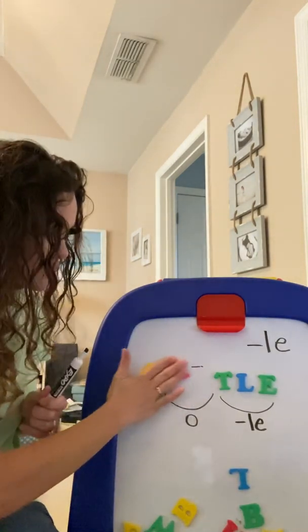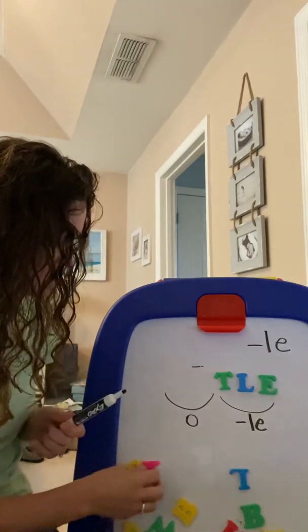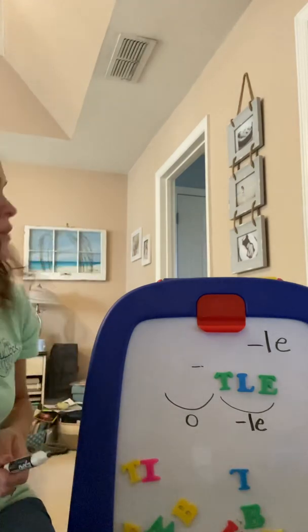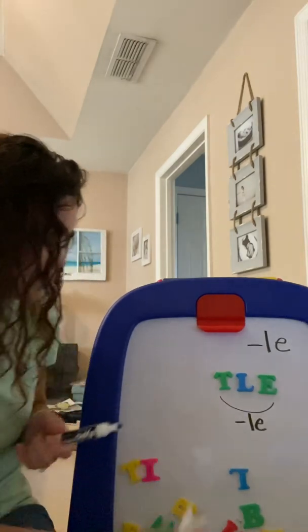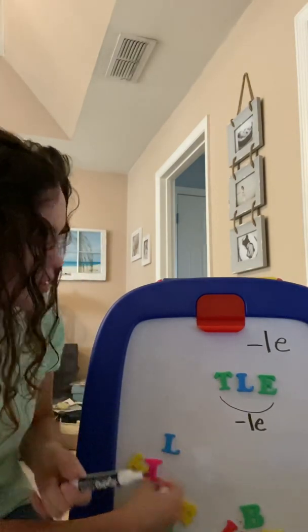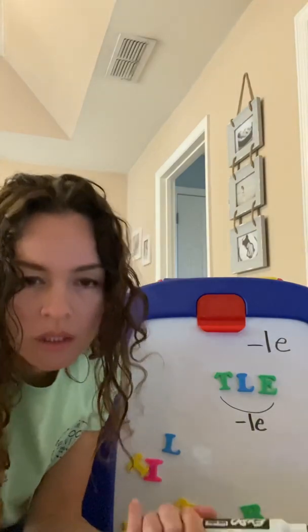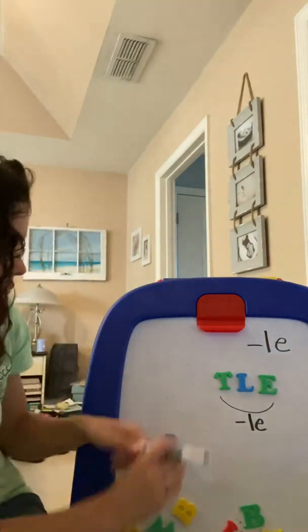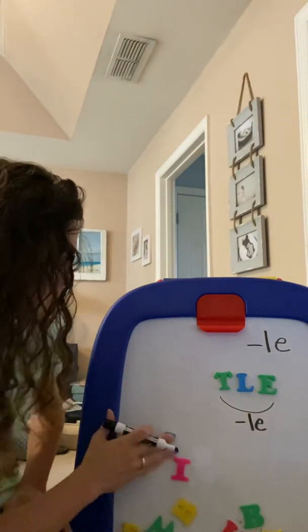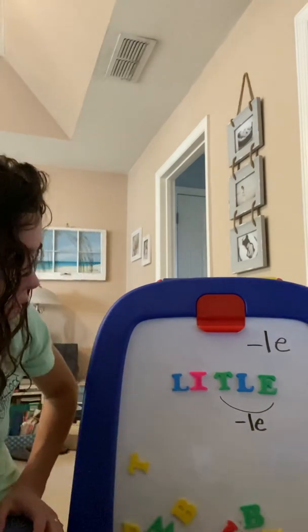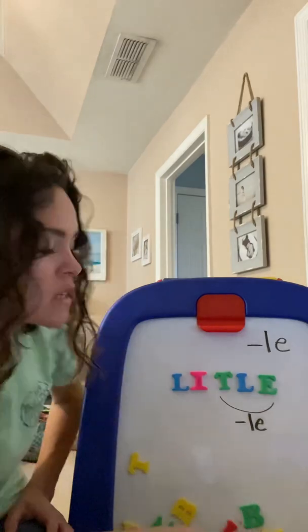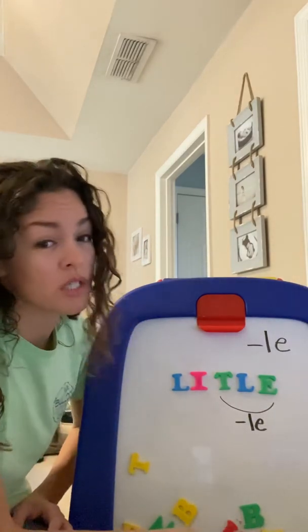I'm gonna get rid of this one. What if I change? I'm gonna keep some of those letters. Okay, but I want to change this word, and I want to do the word little, lit, o, I, tol. I'm using my cross-checking strategy here as well.